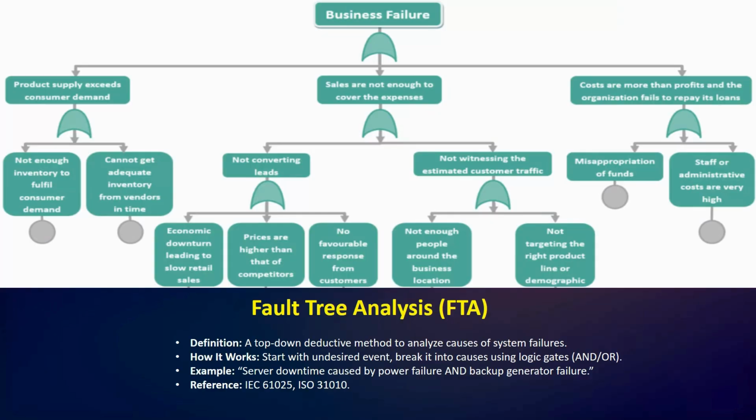So fault tree analysis is a top-down deductive approach. We start with the major failure event like server downtime and work backward to find all the possible causes. So we use logic gates like AND, OR.